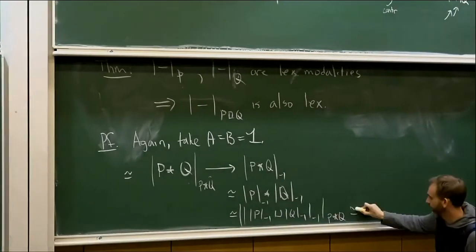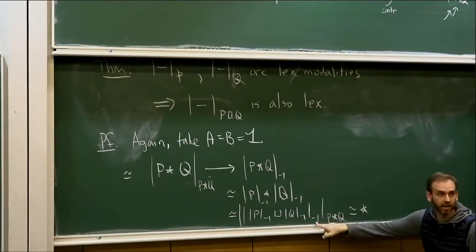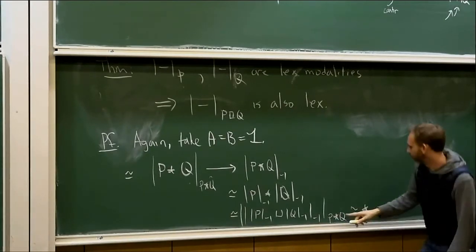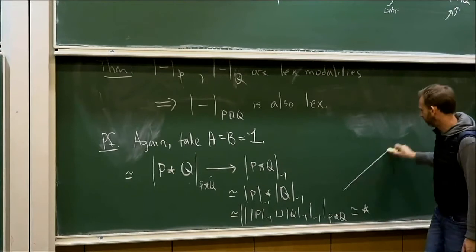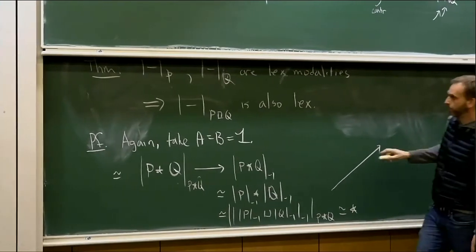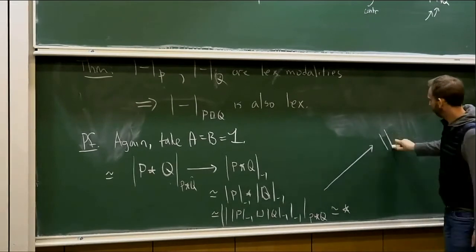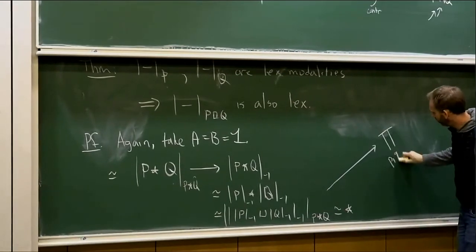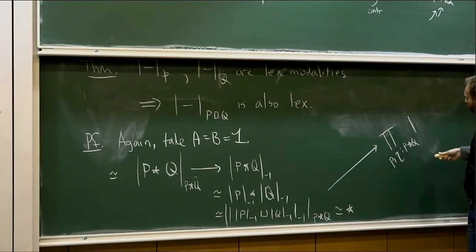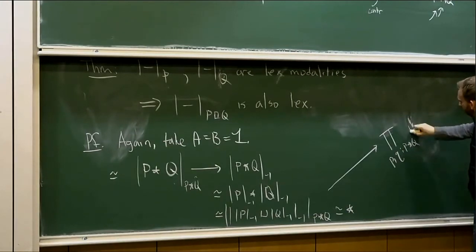So this is contractible. In other words, this type is always inhabited. Okay? So now, because it's always inhabited, I'm going to use it to produce a map from this to the following type, the statement that for all P and Q, P join Q, the modal reflection, is contractible.